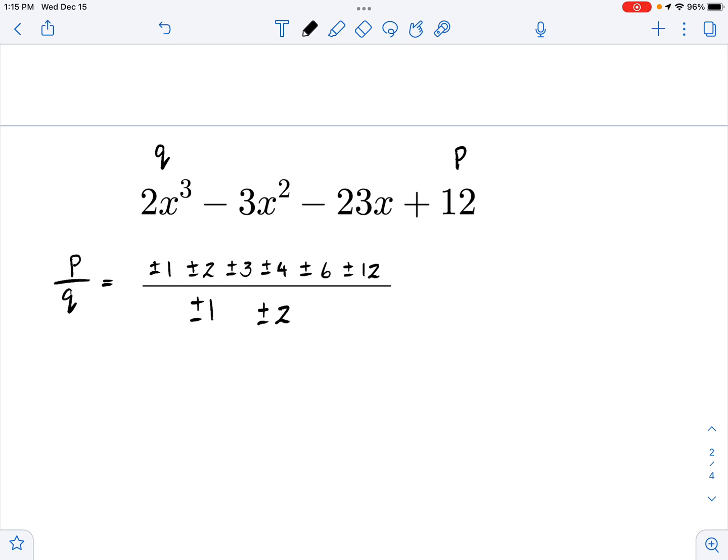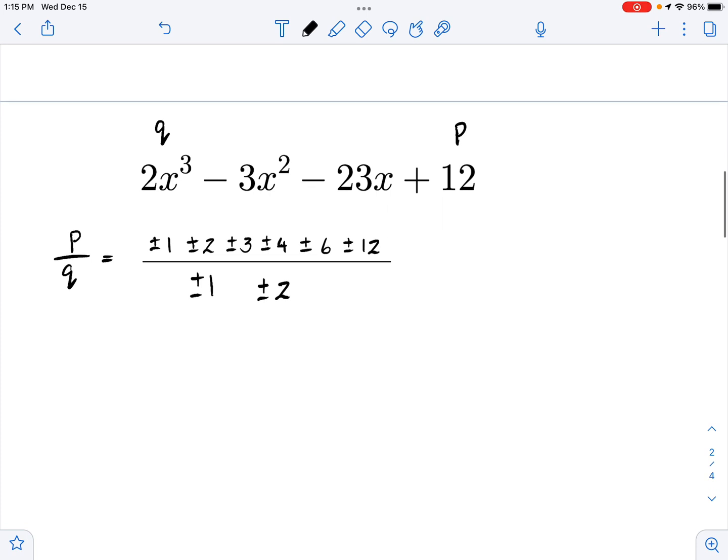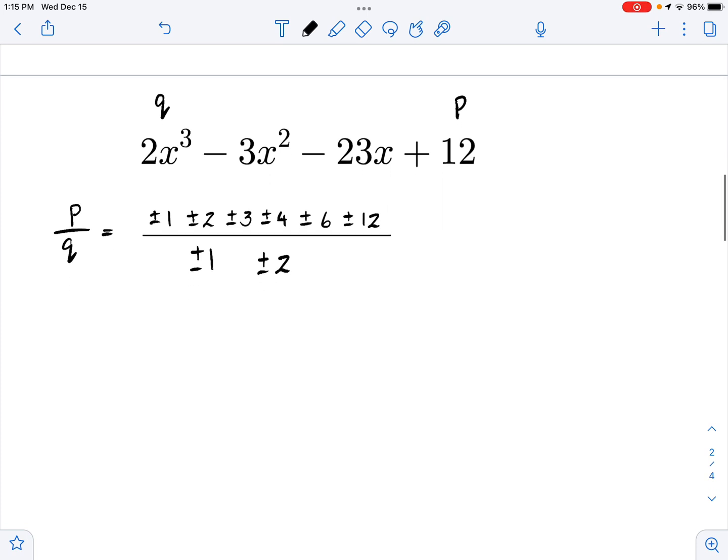And so my options for my potential rational roots are plus or minus 1, plus or minus 2 over 1, plus or minus 3 over 1, plus or minus 4 over 1, plus or minus 6 over 1, plus or minus 12.